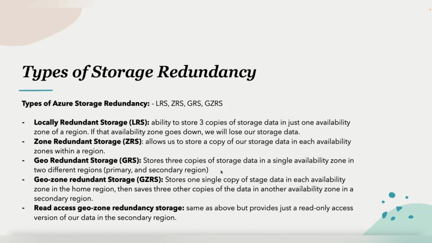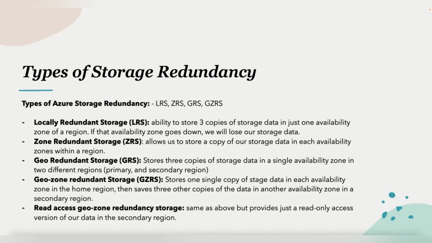And so this is a better option than the zone redundant, because the zone redundant forces us to put our data within just one region. However, in the geo-redundant, we are presented with 2 different regions to replicate our data. One being a primary region and the second regarded as a secondary region.